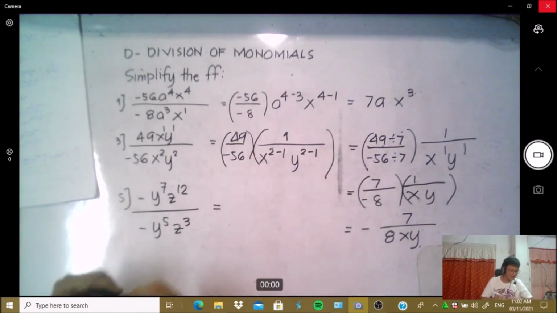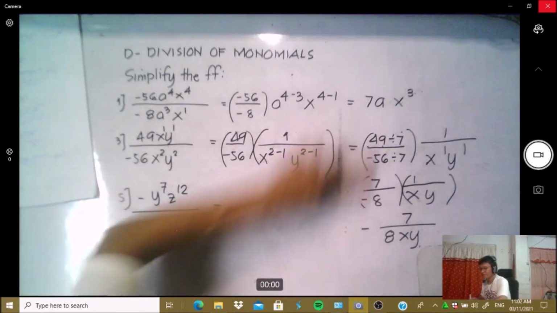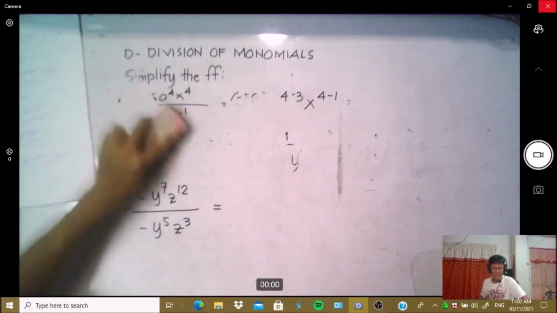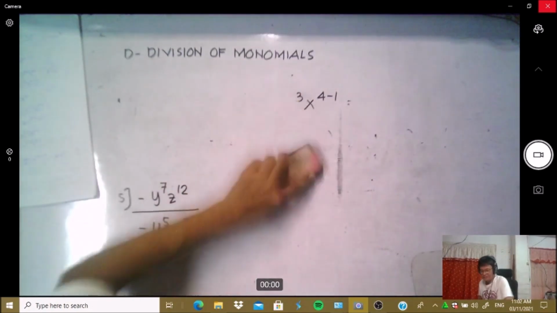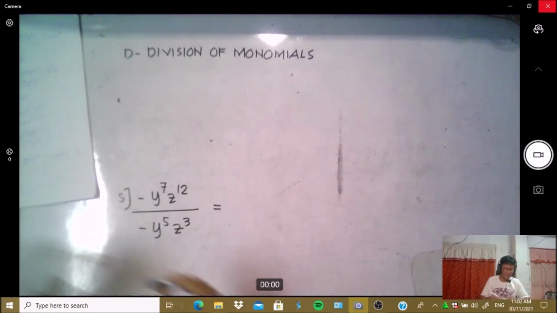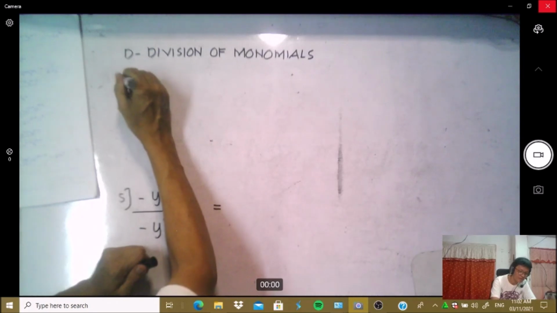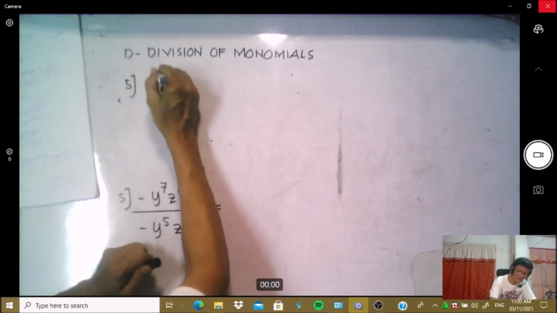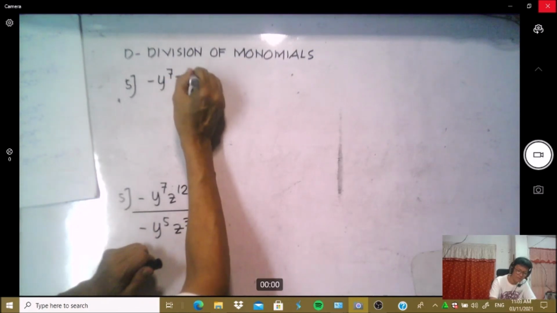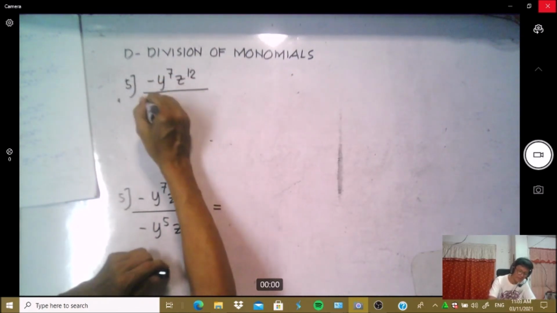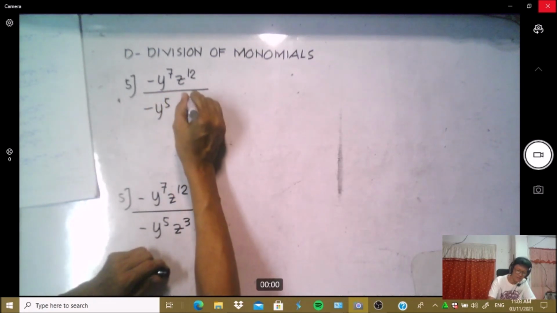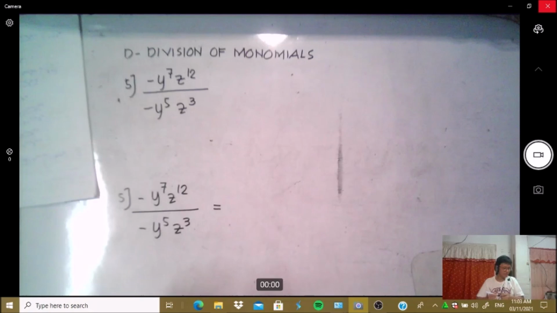Okay. So actually, we can do also cancellation. Okay. So this is another way of solving division of monomial. So I will write number 5 here. We have negative y raised to 7, z raised to 12, divided by negative y raised to 5, then c cubed.